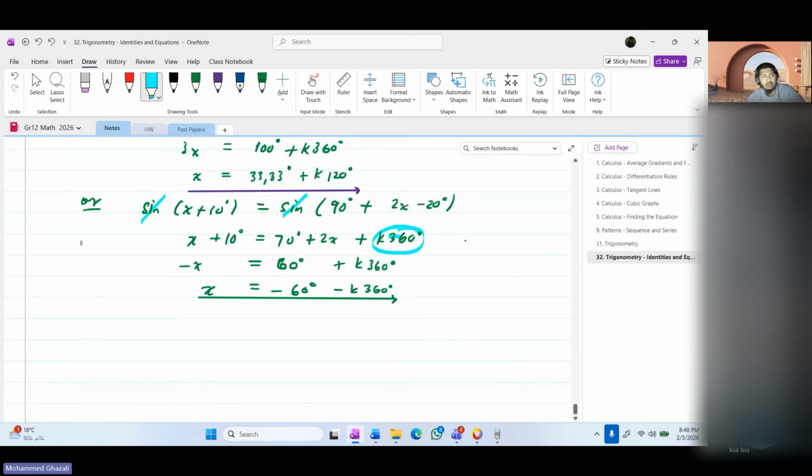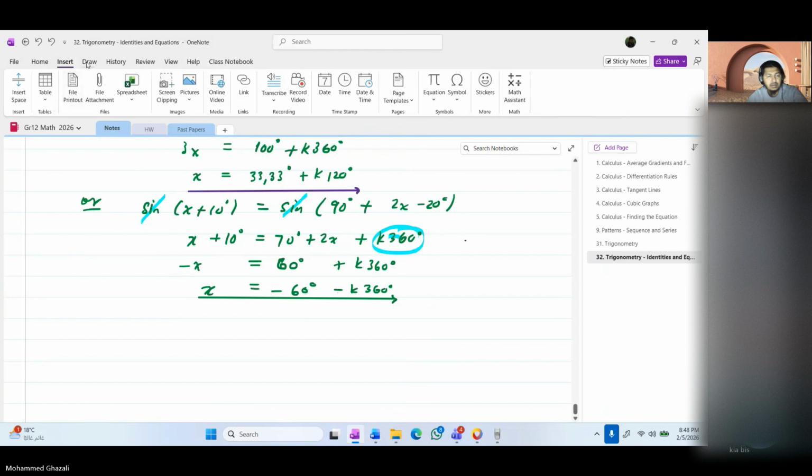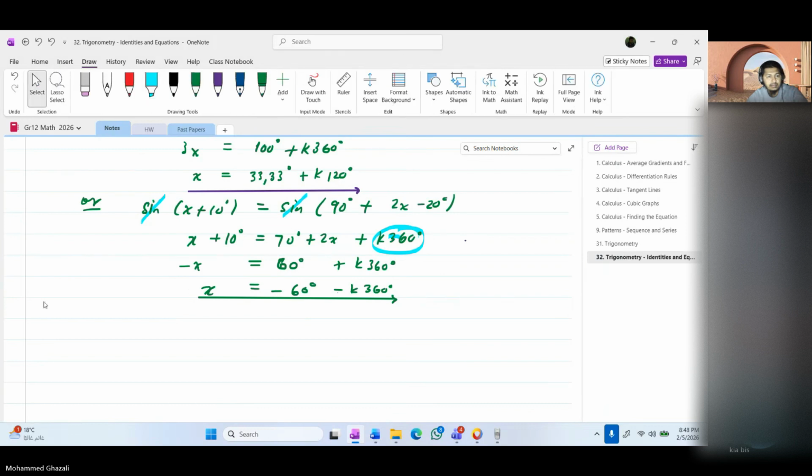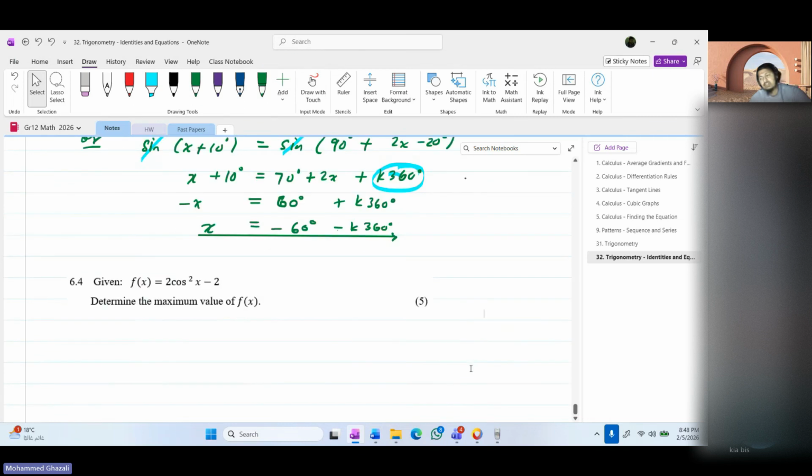Determine the maximum value. Right, this is more like trig graphs, because the value in front of the trig function gives you the minimum or the maximum value. But now remember, this is cosine squared.